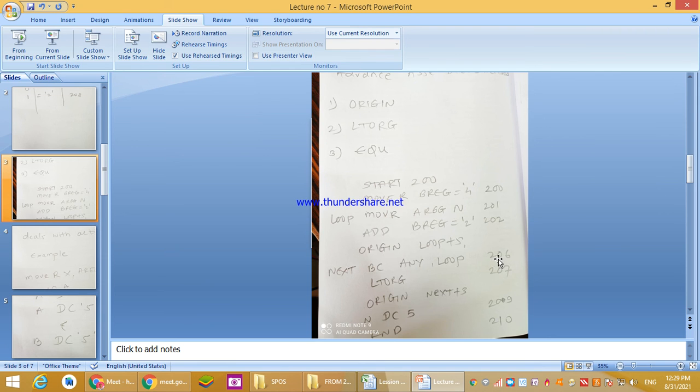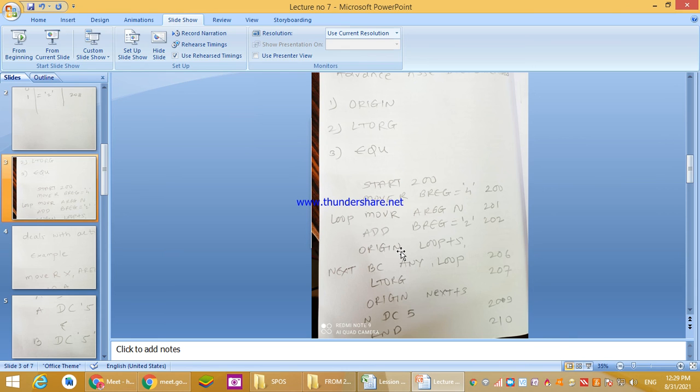Have you noticed? Yes sir, we noticed. Why is this so? Because label loop has the memory address 201 and it gets incremented by plus 5. This is the use of origin.